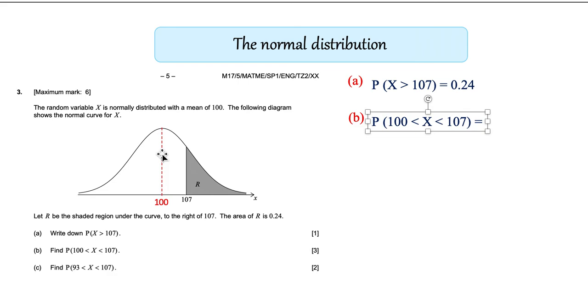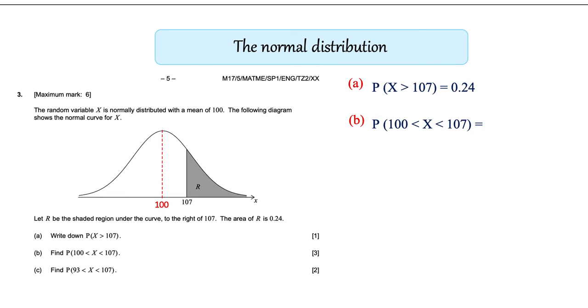So if you consider the fact that it's symmetrical around the 100, you know that 50% will be on the left and 50% will be on the right. In terms of decimals, 0.5 will be on this side and 0.5 on the other side. So now you know that the probability of your event being bigger than 100 is 0.5, because it's normally distributed and symmetrical.